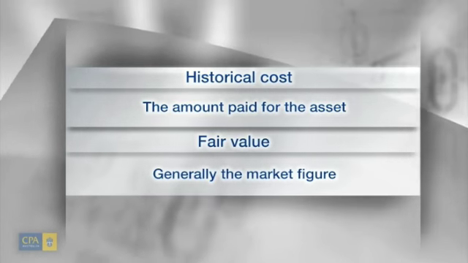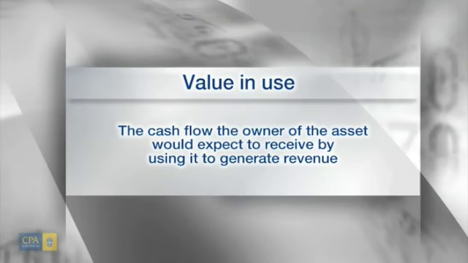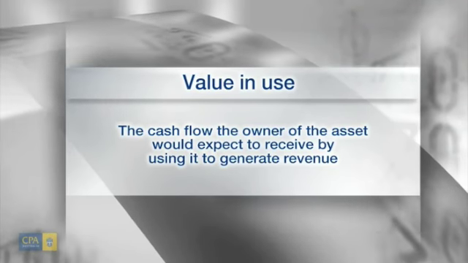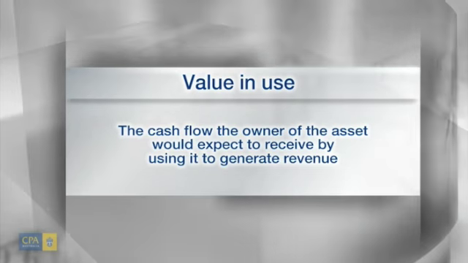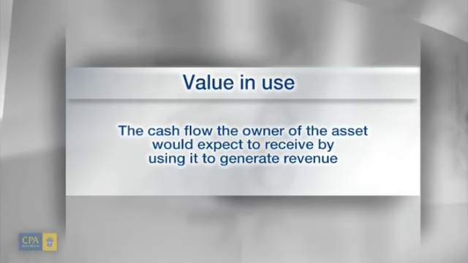Whichever method is used, the value cannot exceed the recoverable amount, which is the higher figure of value in use or fair value. Value in use is the cash flow the owner of the asset would expect to receive by using it to generate revenue. Now let's have a look at the way asset valuation worked at ABC Learning.